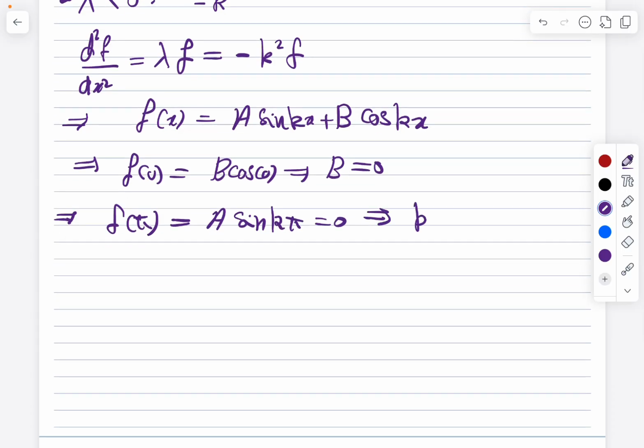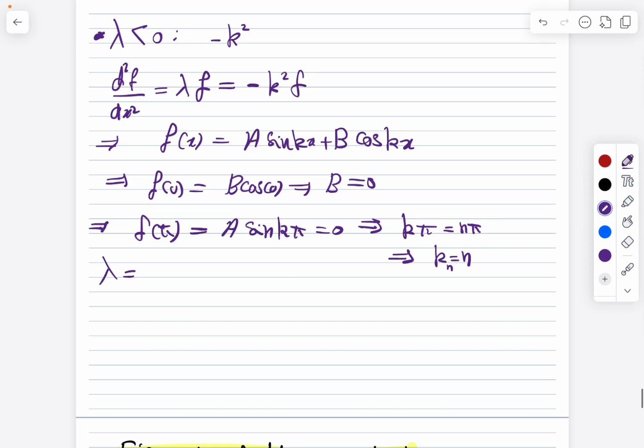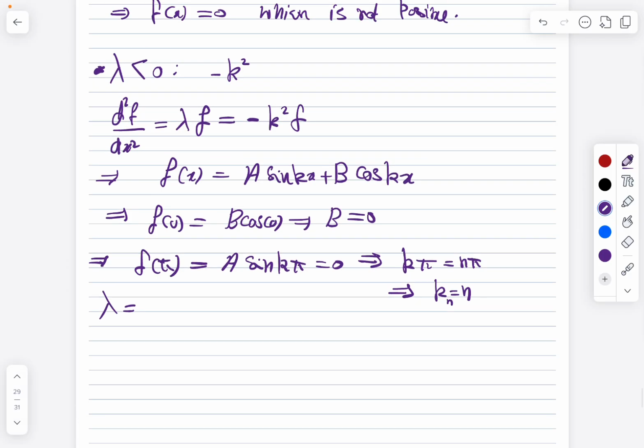which means that k pi must equal n pi, so if we cancel pi with pi, k must equal n. So the possible values of lambda, where n here is an integer, since we said lambda is minus k squared, is minus n squared.